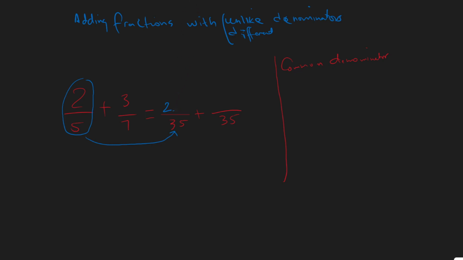This is the 2 we got here, so 2/5, but we multiply this one by 7. Because you multiplied this 5 by 7 to get 35, you multiply the same 2 by 7 up here. So now you have balanced this fraction.